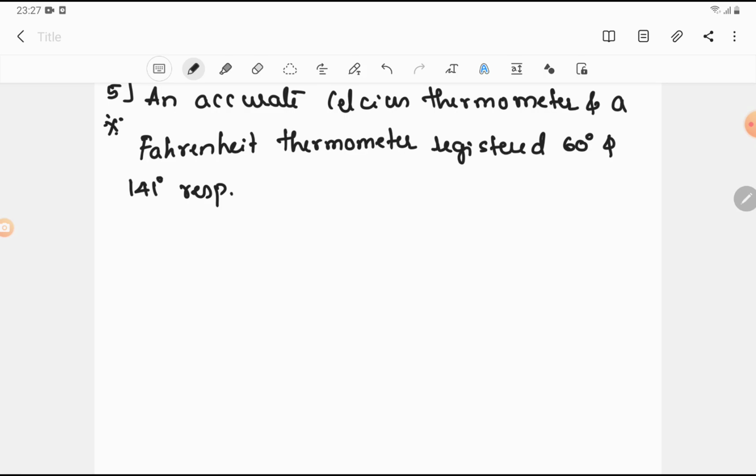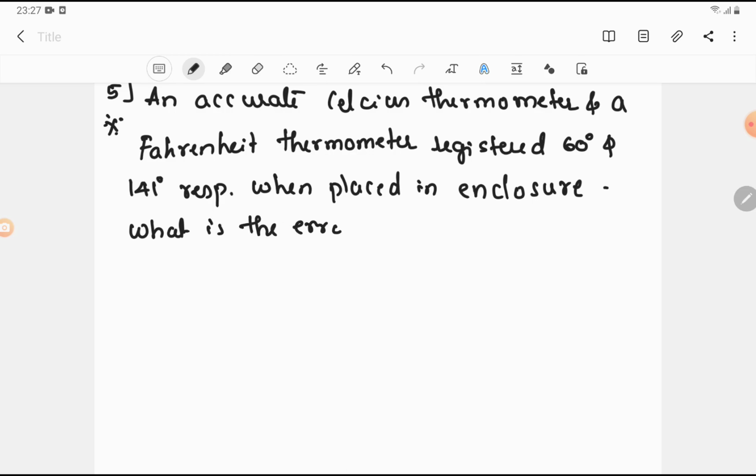They read 60 and 141 degrees respectively when placed in an enclosure. What is the error in the Fahrenheit thermometer?